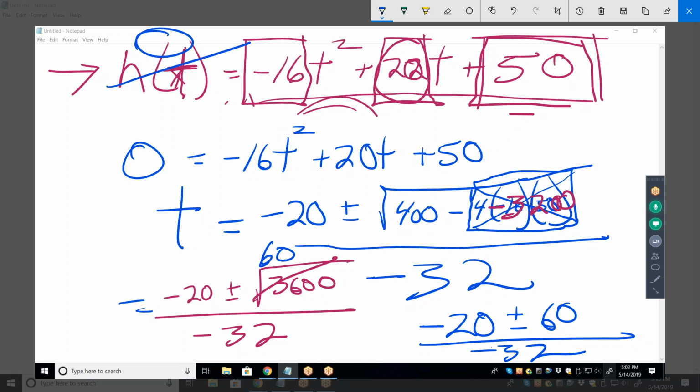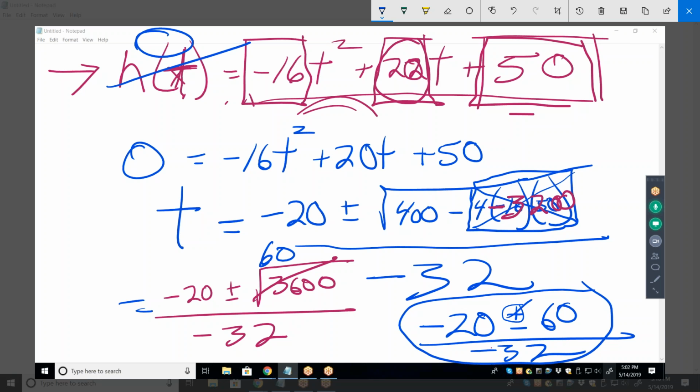Well, I can tell that the negative number produces a positive, and the positive number produces a negative. So I don't want the positive. See why? If I use this, I got minus 20 plus 60, which is 40, divided by minus 32. That's a negative number. Can't have negative times.